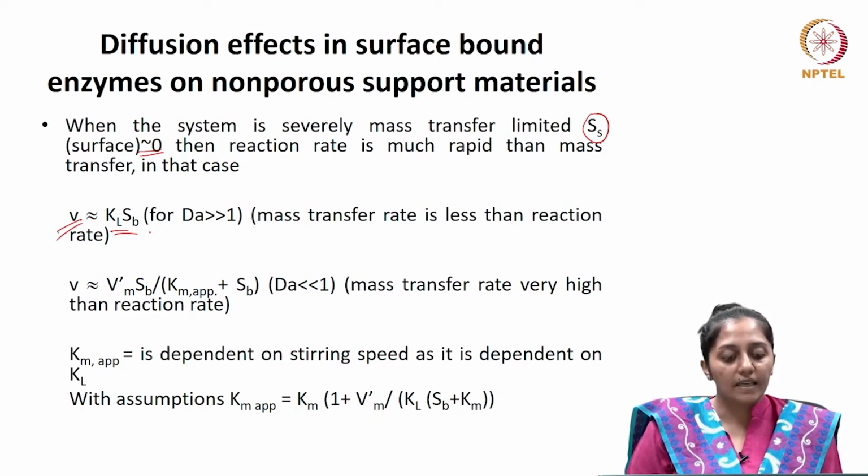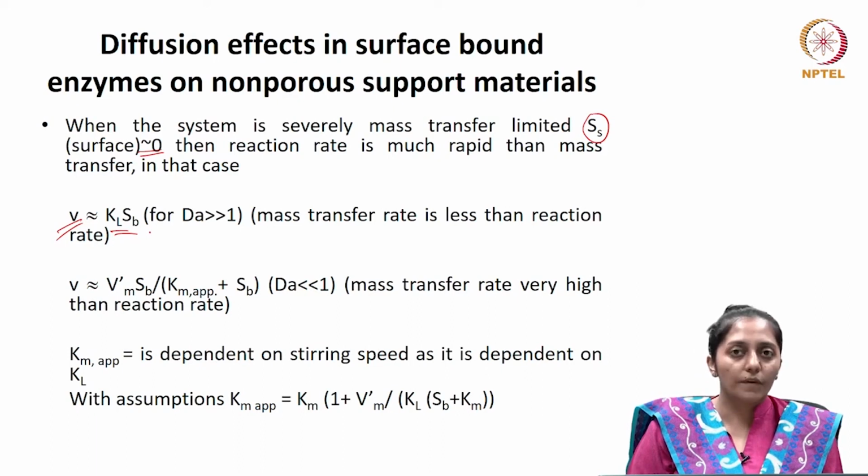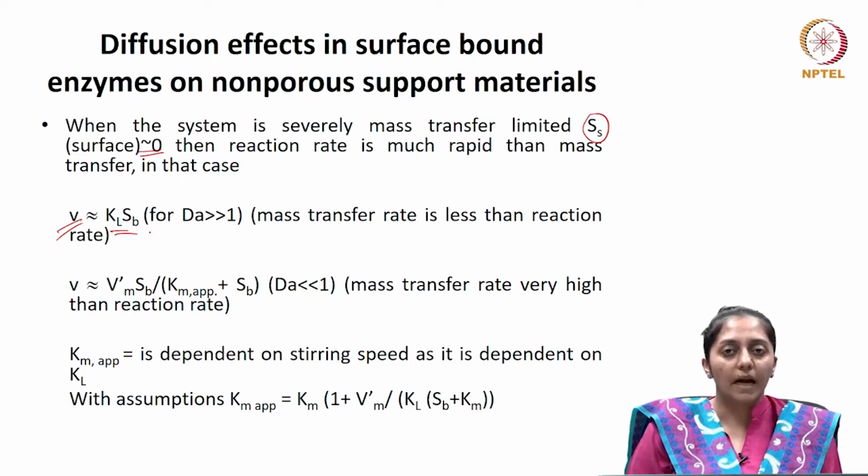In this case, the substrate concentration which reaches the surface becomes equal to S_B very rapidly, since the mass transfer rate was very high. So, the overall reaction will be governed by the reaction rate.